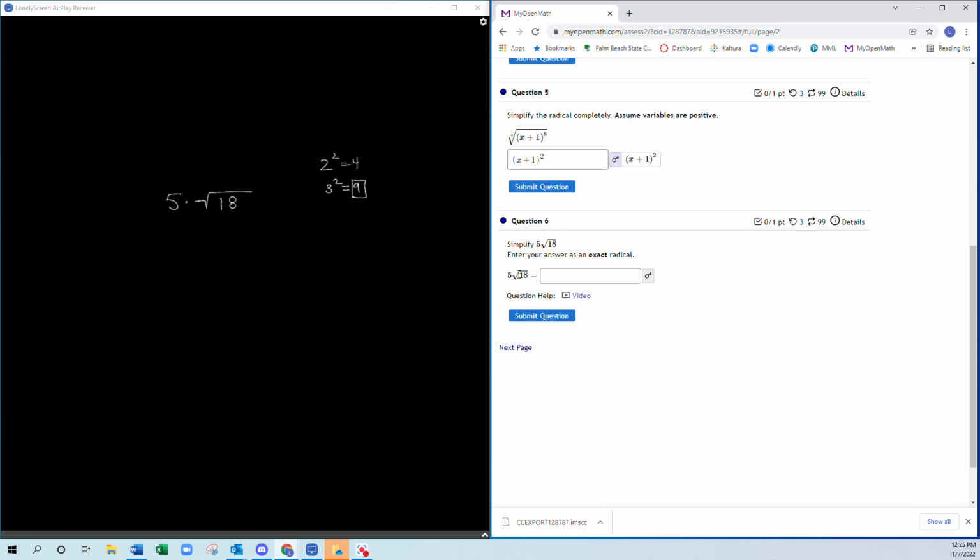So I think 9 is a good perfect number to start with to break this down. 18 divided by 9 is equal to 2. So I rewrite this as 5 times the square root of 9 times 2, and again 9 times 2 is 18, and I know for sure that the square root of 9 comes out. Now you must remember that this is all being multiplied, so that's times your 3. So your final answer here will be 15 square root of 2.